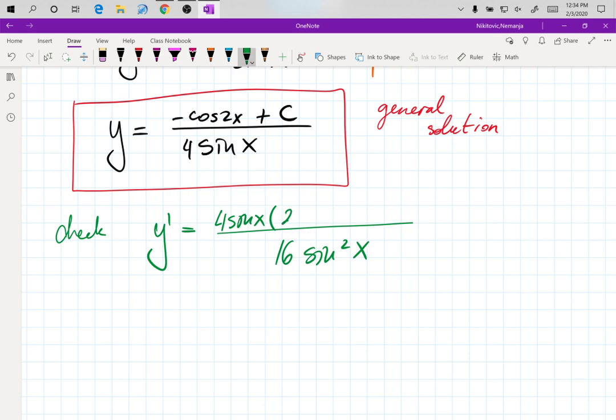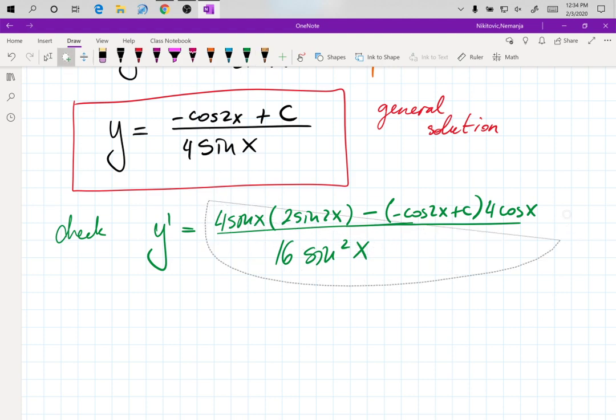So that's going to be 2 sine 2x plus c, 0 just dies. Minus copy the top, and that's going to be negative cosine 2x plus c times the derivative of the denominator, which is 4 cosine x.